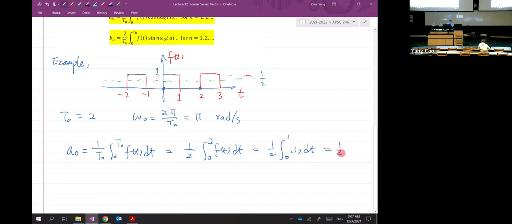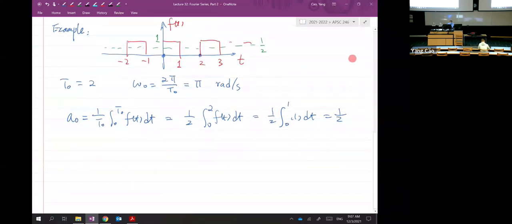Overall, you get 1/2, exactly the same as our observation from the graph of the DC component. That's A naught. So let's take a look at A n and B n.